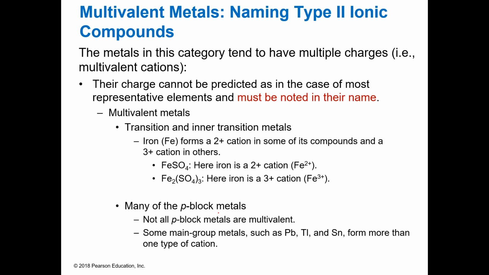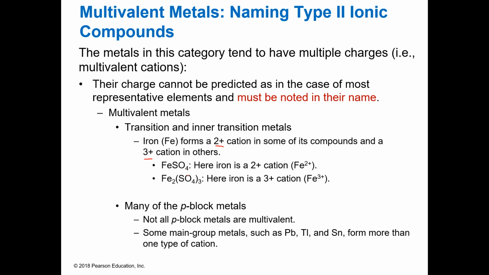Okay. Now, we've talked about group 1 metals and group 2 metals. And then we've talked about aluminum. Then we have that whole big section in the middle of the periodic table known as our transition metals. Our transition metals can have several different charges. For example, iron can have a 2+ charge or a 3+ charge.